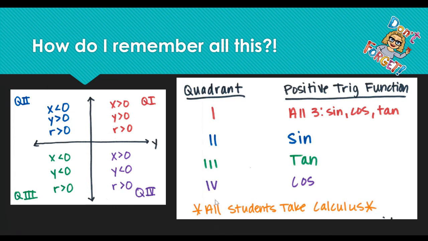So we have this saying, all students take calculus, because in quadrant 1 it's all, quadrant 2 is sine, which starts with S, quadrant 3 is tangent, which starts with T, and quadrant 4 is cosine, which starts with C. It's kind of like a little mnemonic device to help you remember. All are positive, sine, tangent, and cosine.